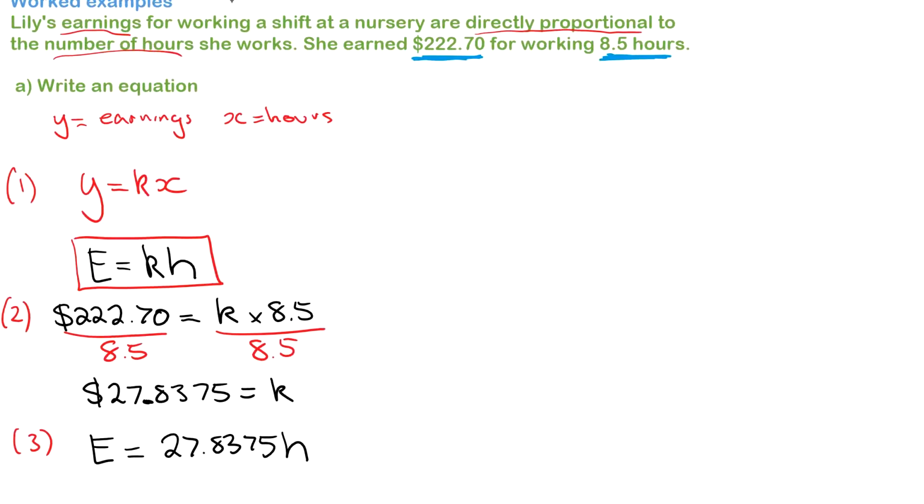So what we did is we wrote down our general form, changed our y and x to appropriate letters, substituted in the values they gave us, the $222.70 and the 8.5 hours, rearranged it to find our constant of variation, the k value, and then substituted that back into our original equation and rewrote that as E equals 27.8375H.